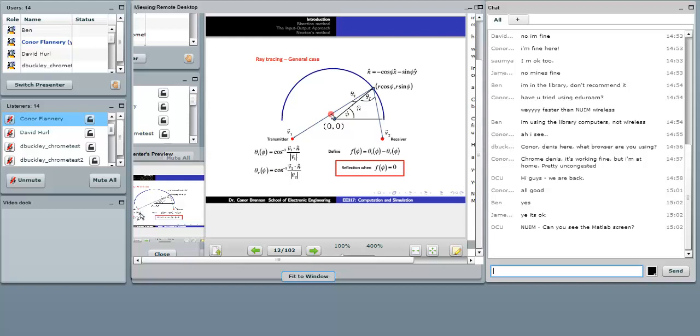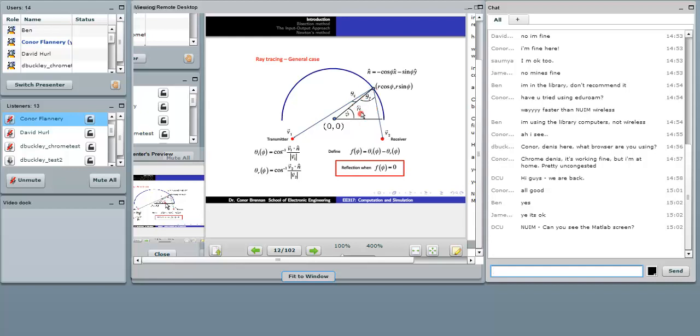Similarly, for theta R, we do the same thing, but we use V2, which is a vector from here to the receiver. We normalize V2, we divide it by its magnitude to make it a unit vector. V2 dot n is now a unit vector times a unit vector, and it gives us the cosine of the angle between the two vectors.